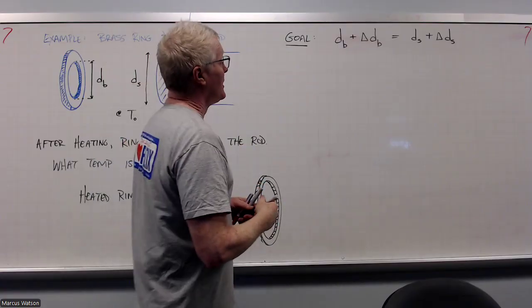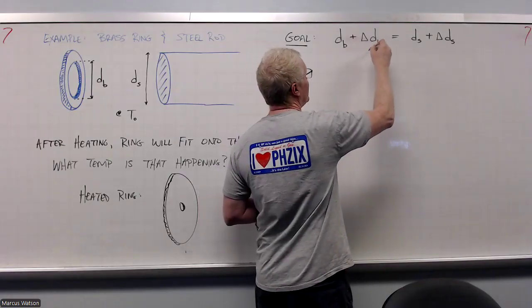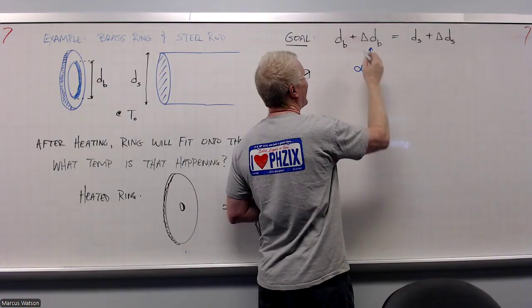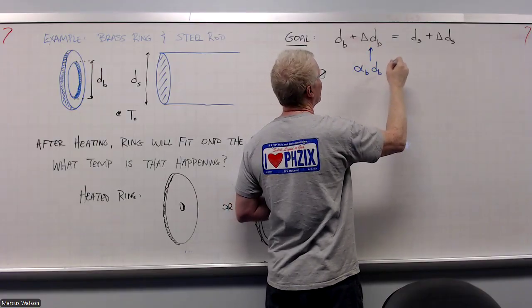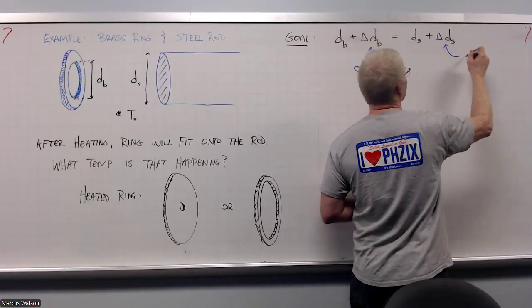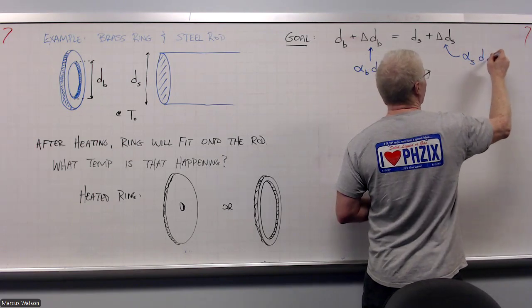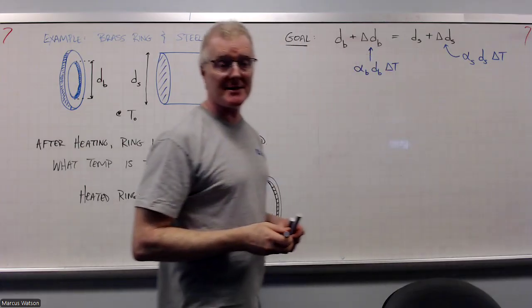All right, so these things here are going to be alpha of brass times the initial diameter of brass times the temperature change. And this one here is going to be the alpha for steel, the initial diameter of the steel, and the same temperature rise.